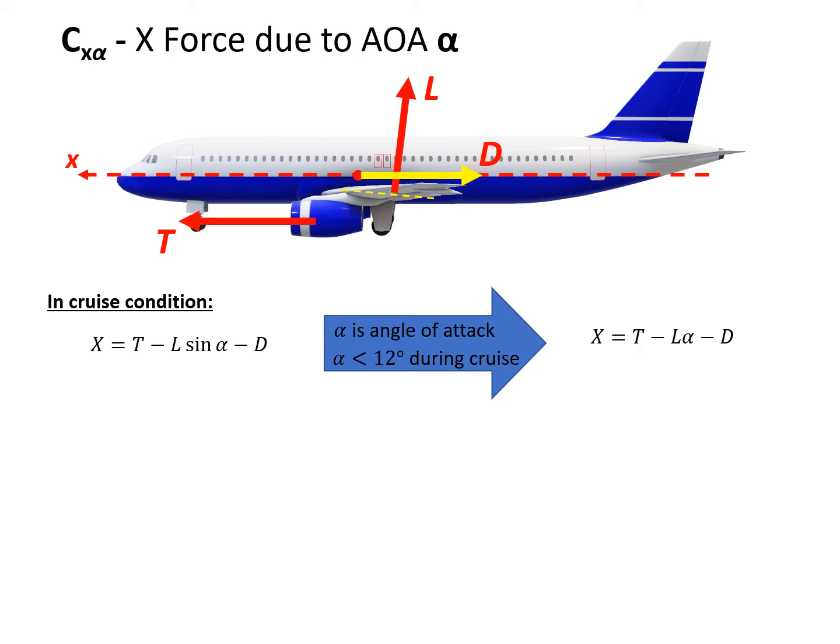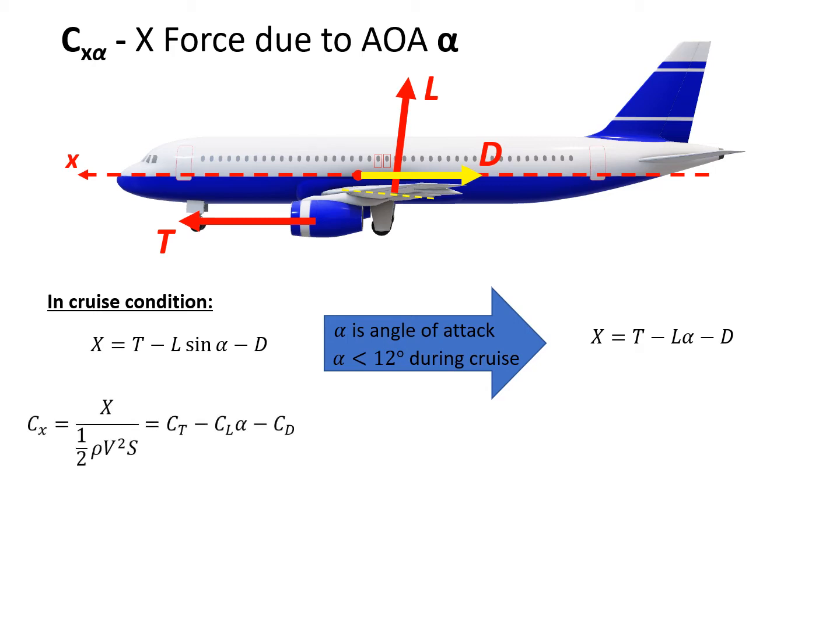Since we are looking at the parameter X alpha, partial X partial alpha, we need to find a relation between X and alpha. Now we get the relation, the right hand side has an alpha. Okay, and so now we make the x force non-dimensional, the force coefficient.